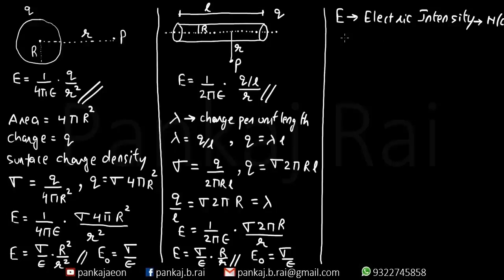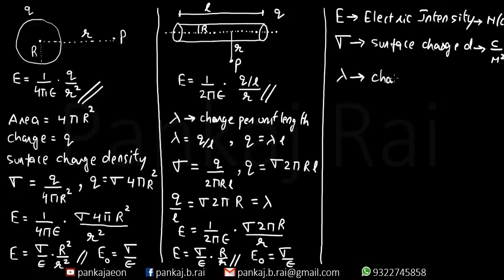Now next, sigma is the surface charge density, which is charge per unit area, so its unit is coulomb per meter square. Then we also did lambda.